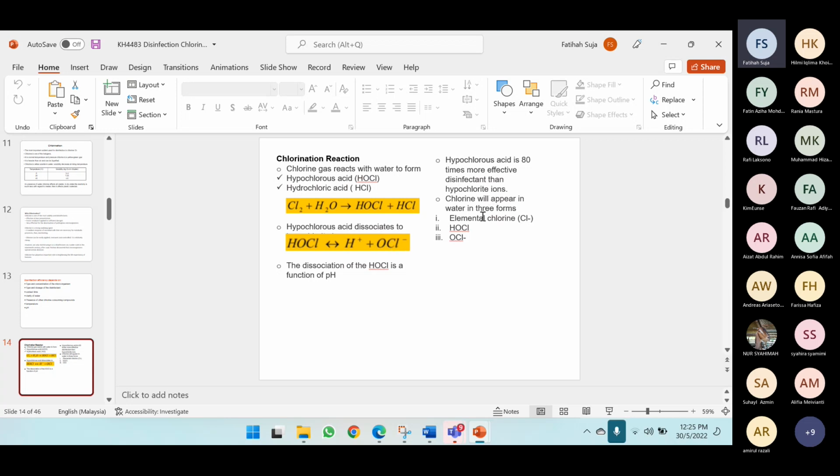Chlorine will appear in water in three forms: the elemental chlorine, the hypochlorous acid, and also the hypochlorite ions. So this is the strongest oxidant, the disinfectant: hypochlorous acid.